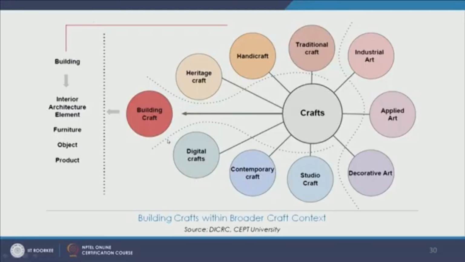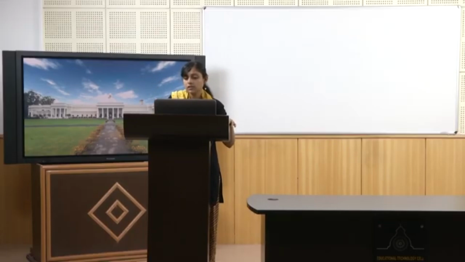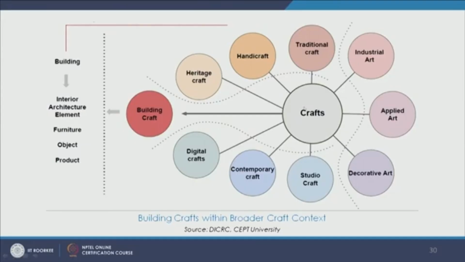Then we tried to understand the larger context of crafts. Crafts is a huge umbrella term, and if we see the larger context, there are different kinds of art and craft forms, say handicraft, applied art, traditional craft.